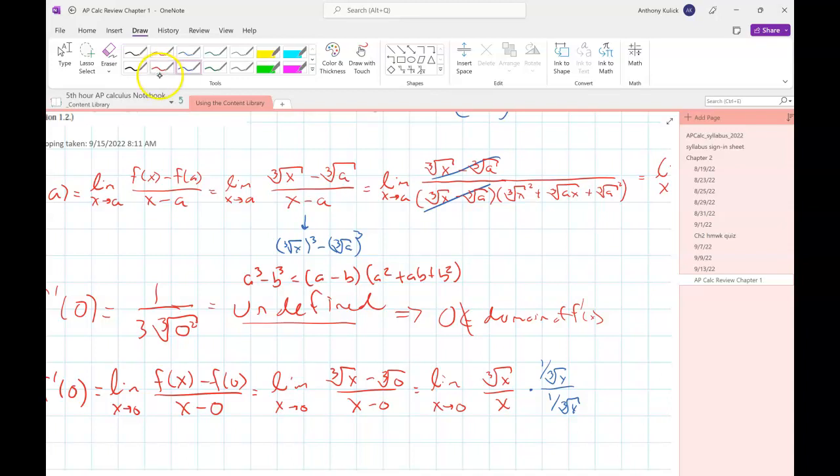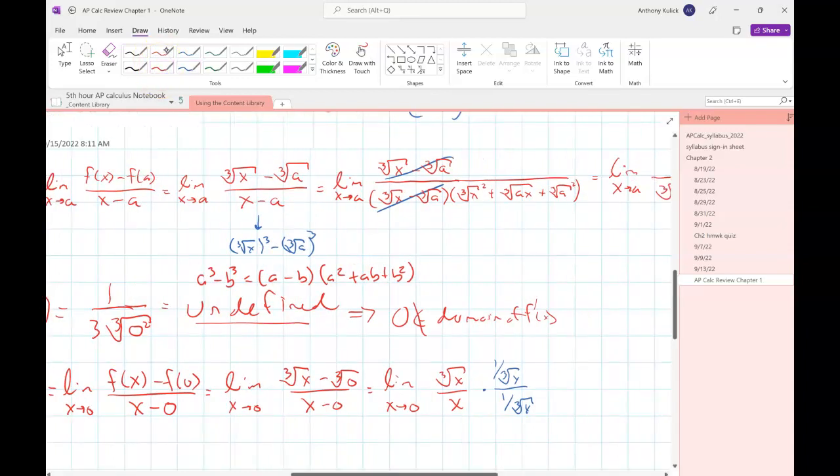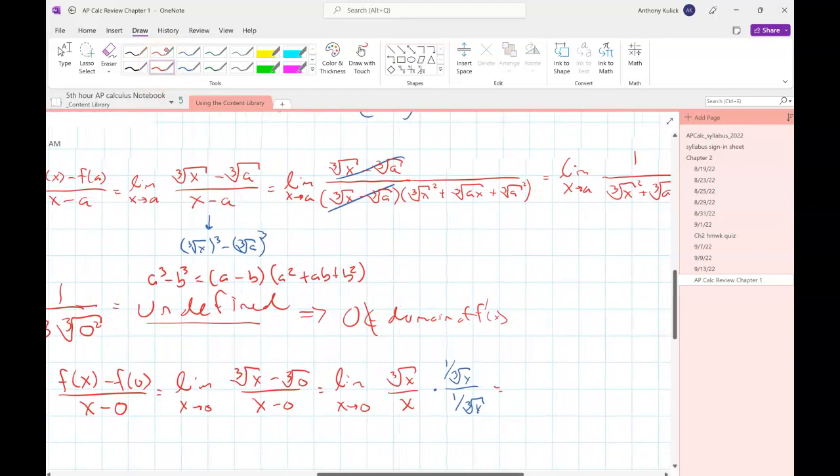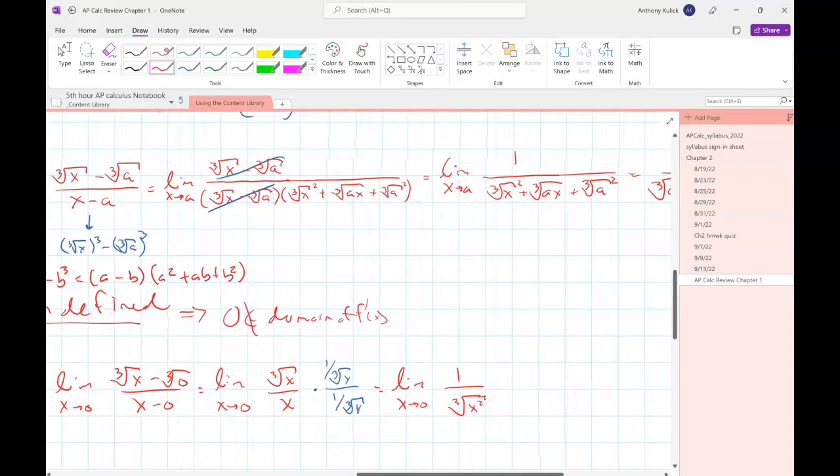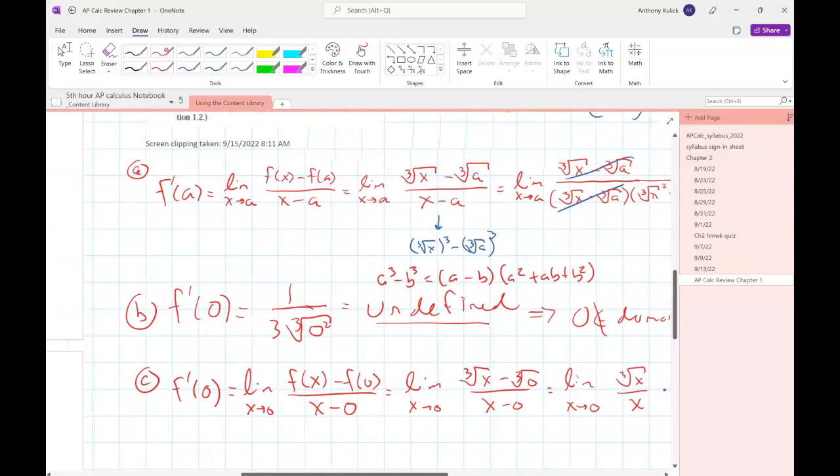Since I'm expecting this to go undefined, I want to have the x left in the denominator here. And I did want to do this from one direction.